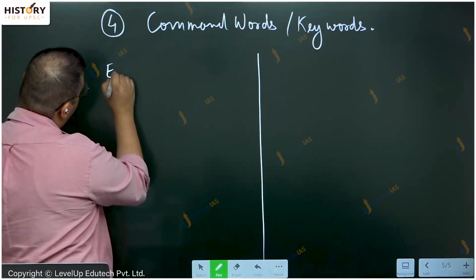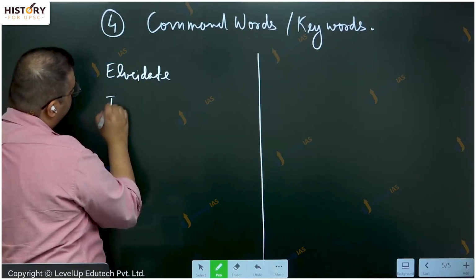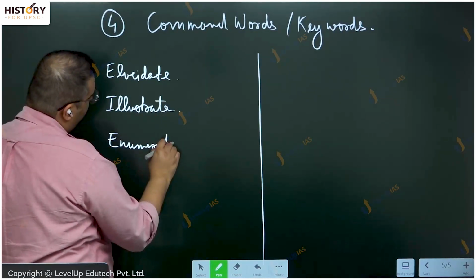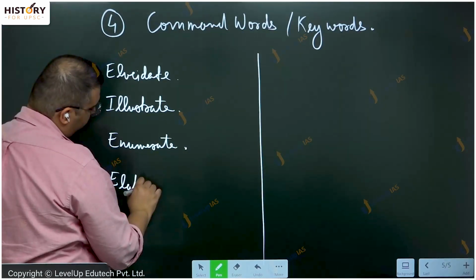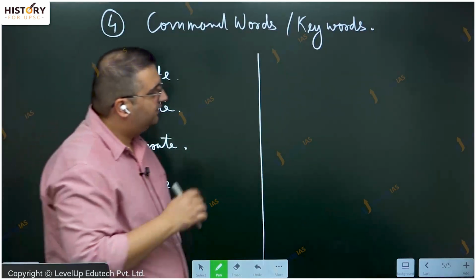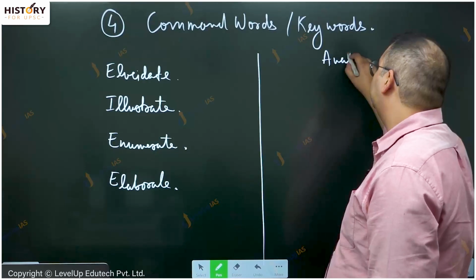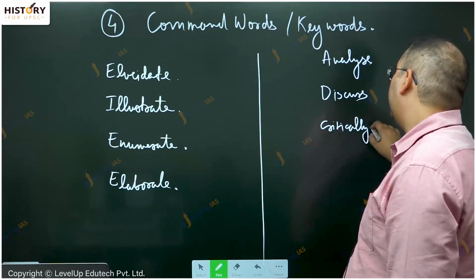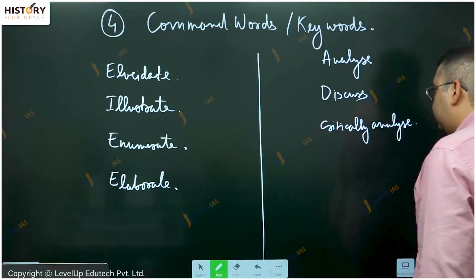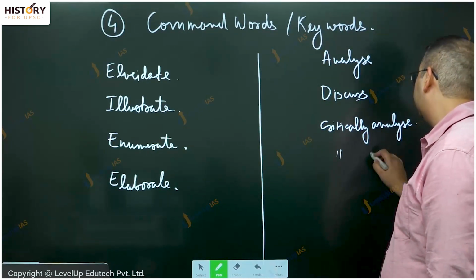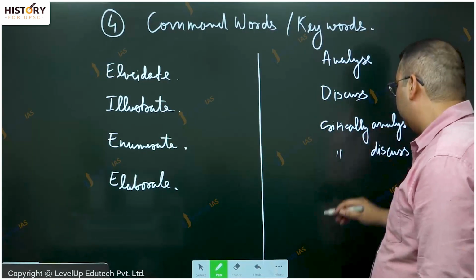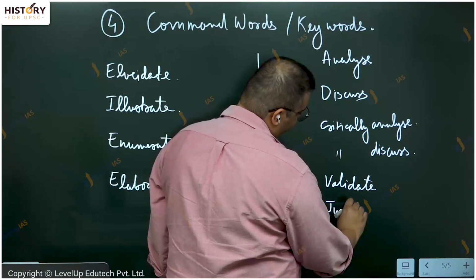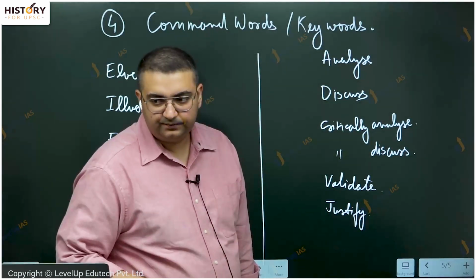That is: elucidate, illustrate, enumerate, elaborate, etc. और दूसरी साइड पर: एनालाइज, डिस्कस, critically analyze, critically discuss, validate, justify, etc. Right?